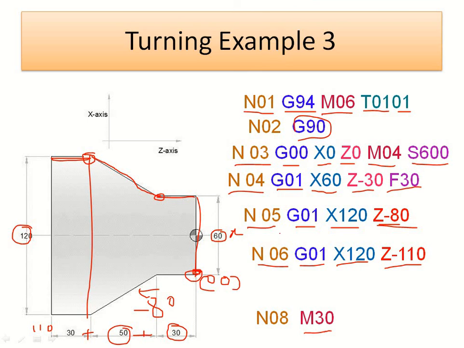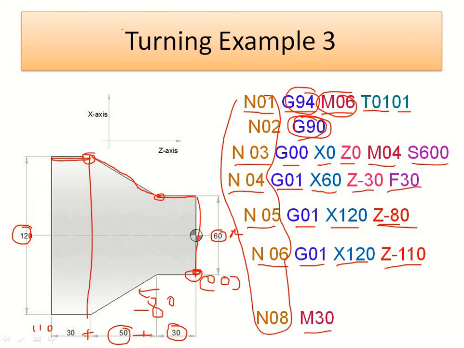So these are the examples related to linear interpolation. Already we have seen N, the first block, which represents the sequence of blocks, in which G94 is absolute positioning, absolute programming, and tool change. This represents the tool.